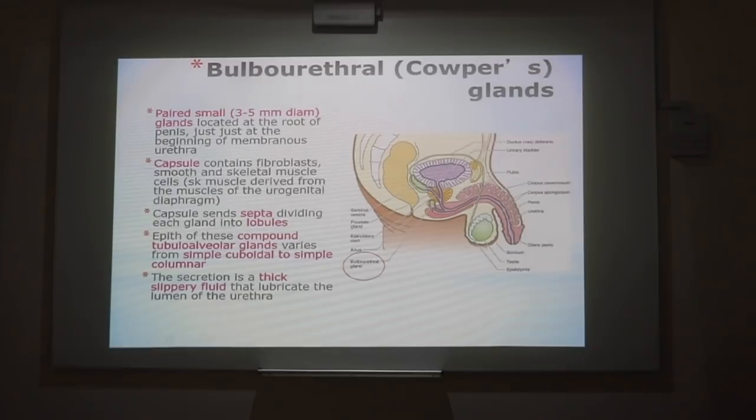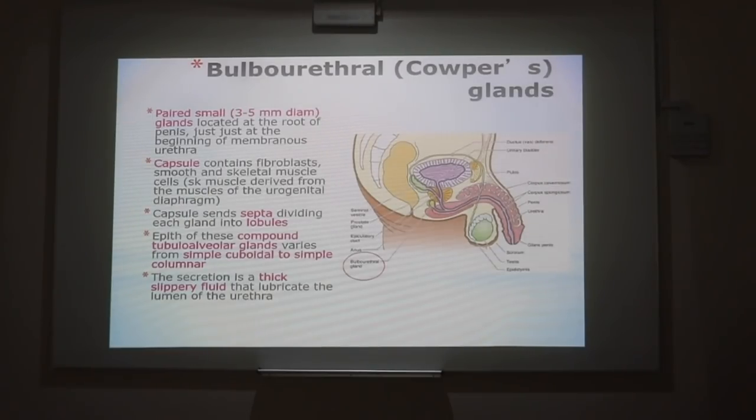Their capsule contains fibroblasts, smooth muscles and skeletal muscles. The capsule sends septa to divide the gland into lobules, and the epithelium here consists of the compound tubuloalveolar glands and has simple cuboidal and simple columnar epithelium. The secretion is a thick, slippery fluid that lubricates the urethra.